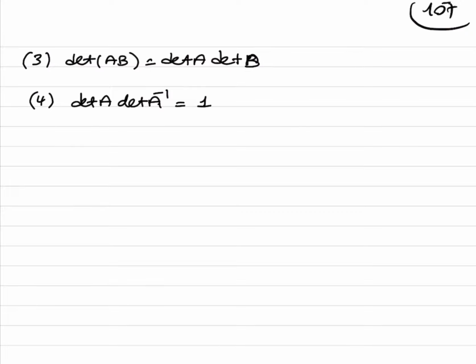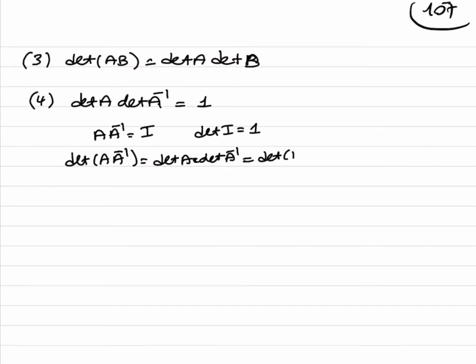We can get this from property number 3, because we know that A times A inverse is the identity matrix, and the determinant of the identity matrix is always 1. So the determinant of A times A inverse is, by property 3, the determinant of A times the determinant of A inverse, and we know the determinant of the identity matrix is 1. Great.